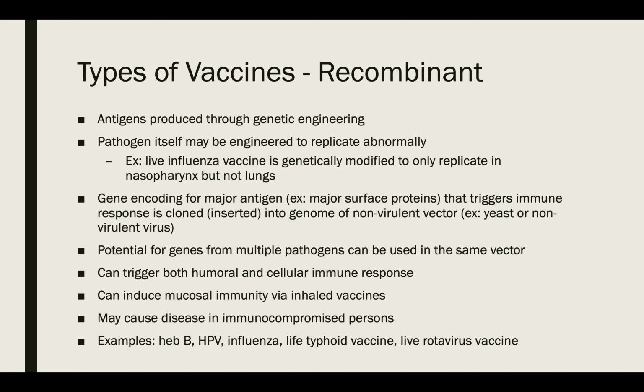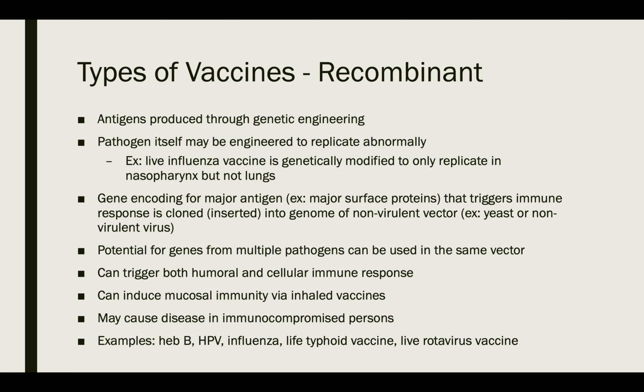Okay, so the pathogen itself may be engineered to replicate abnormally. So I'm going to go through these types of recombinant. In this one, the pathogen itself is engineered, so it has had different genes put into it or taken out of it. The example would be there's a live influenza vaccine that is genetically modified to only replicate in the nasopharynx, but not the lungs.